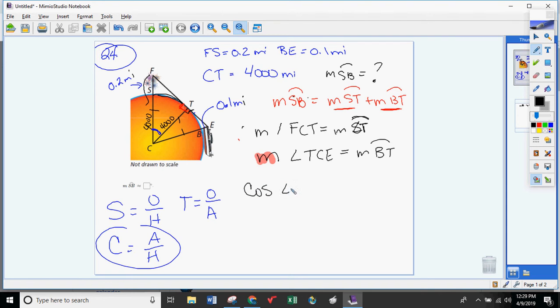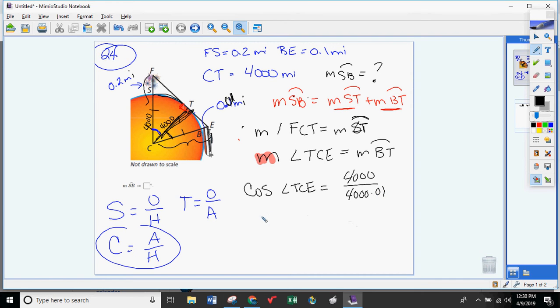The cosine of the angle that I want to find is the adjacent over the hypotenuse, and in this case it's 4,000 over 4,000.1, oh, I'm sorry, it's 4,000 over 4,000.1.